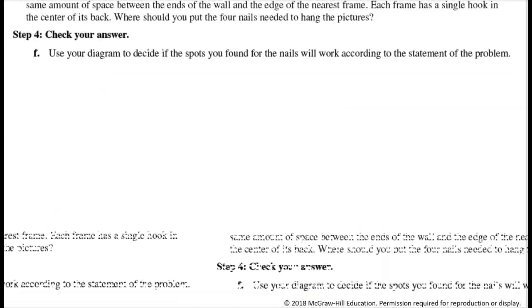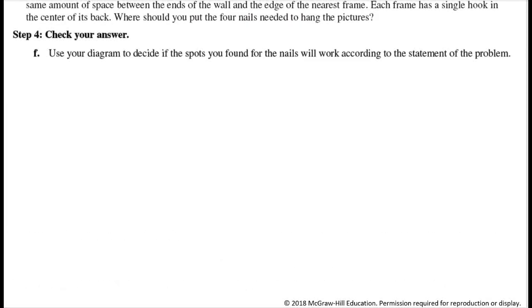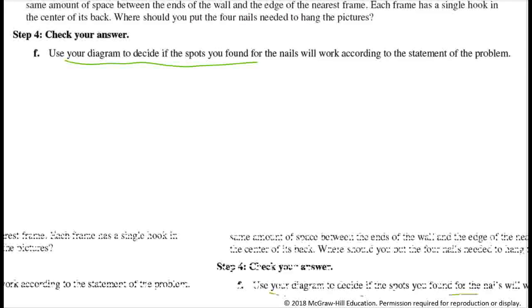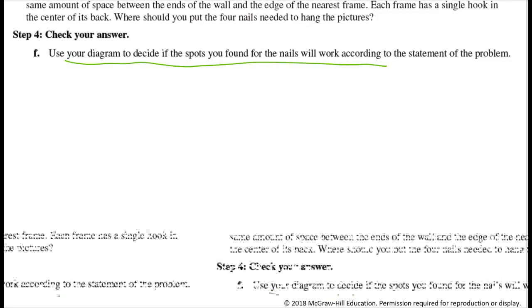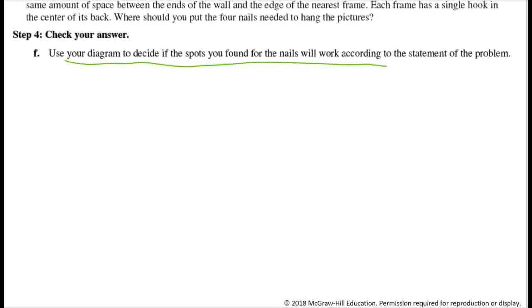So that is actually the final thing. Use your diagram to check if the spots will work according to the statement of the problem. So I know then that they will, because the nails are evenly spaced, and I end up with the same spacing between the walls and the pictures as I do between each picture.